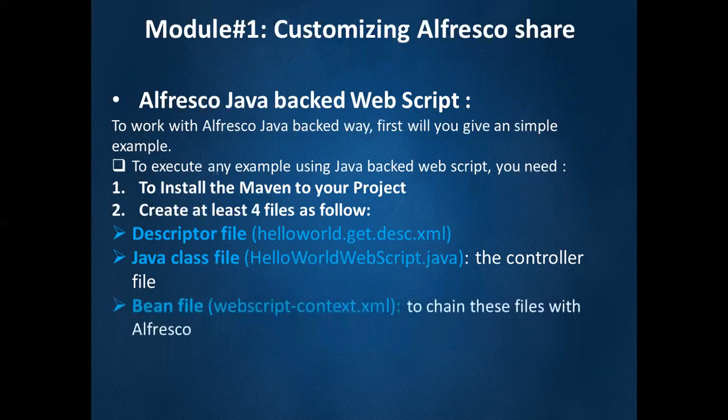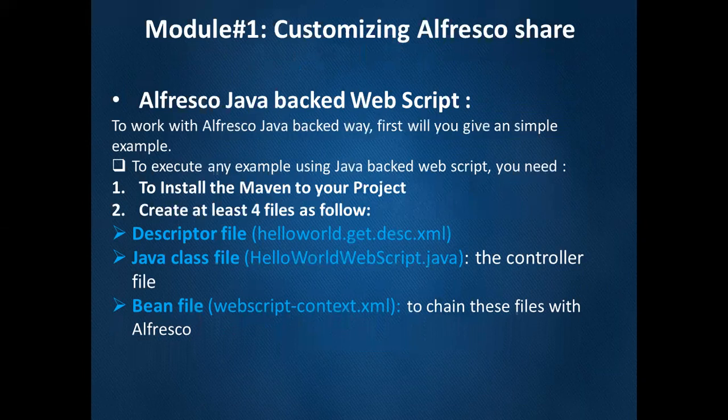Let's move to the third file, the bean file. What is the bean file? The bean file is used to chain these files with Alfresco. The job of this file is to connect those files with Alfresco.